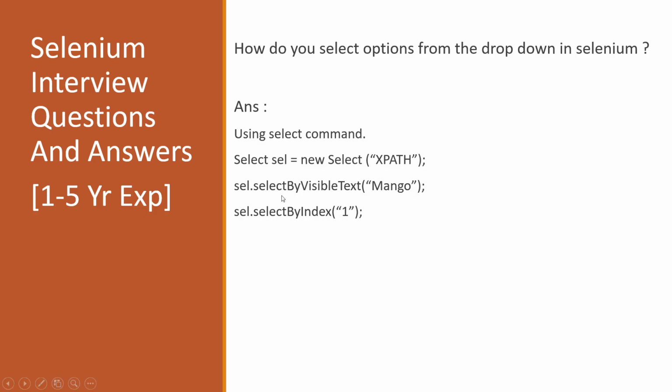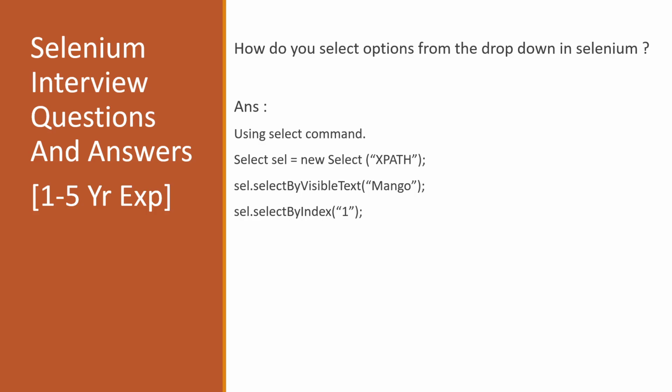Then after that you can mention select dot select by visible text. Suppose there are multiple options available, and from those options you want to select the mango option. Okay, so you have to mention mango. If you want to do it with index, that is also possible.